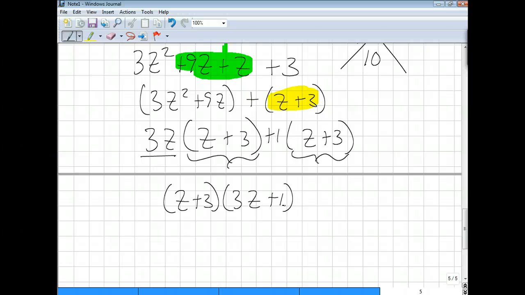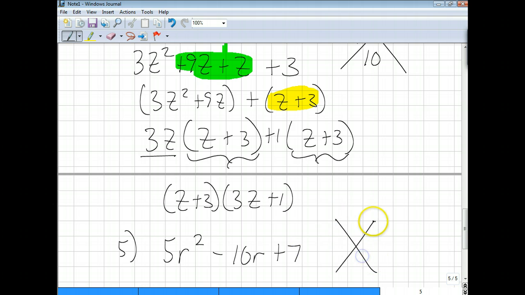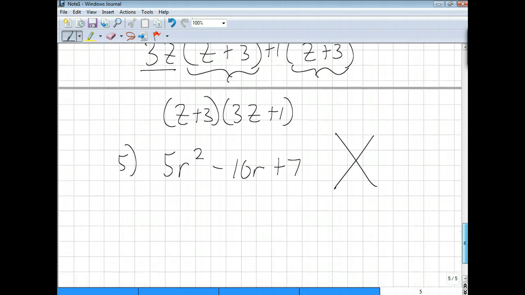All right, now let's try this one. 5r squared minus 10r plus 7. So no common factors. There are 3 terms, so I go to the x. I have a leading coefficient, so I multiply that times the constant. Gives me 35. Then, are there any numbers that multiply to 35 but add up to negative 10?